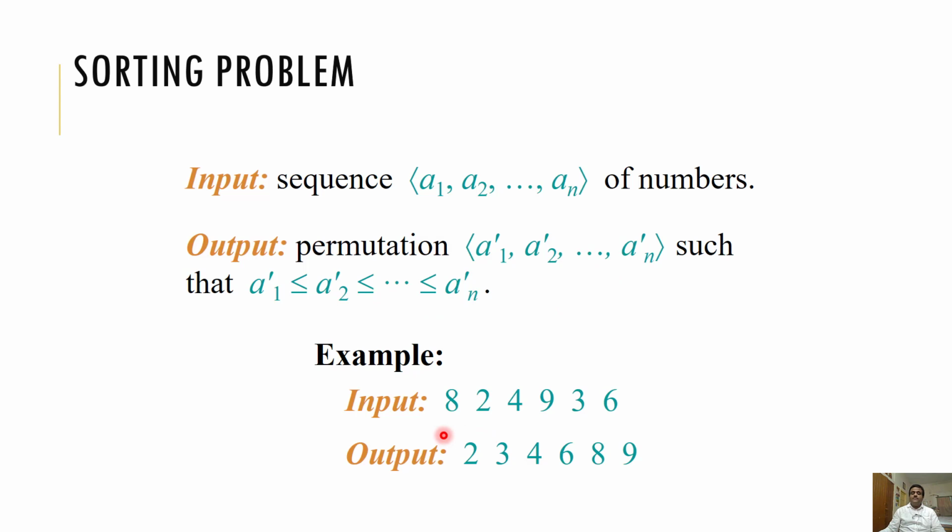For example, if the input is 8, 2, 4, 9, 3, 6, then our sorting algorithm should give us the output 2, 3, 4, 6, 8, 9, sorted. Given any input of n numbers, usually integers, our algorithm should be able to sort them.